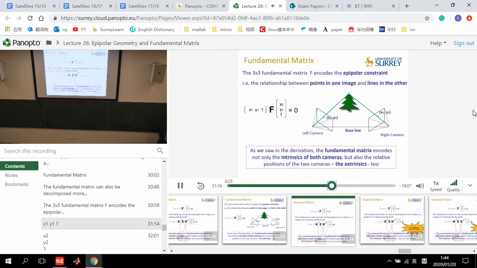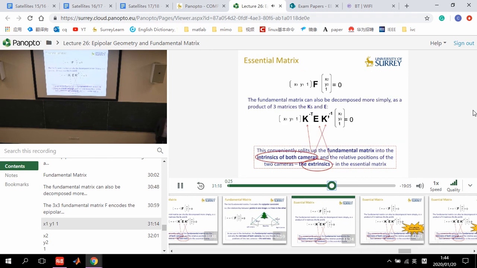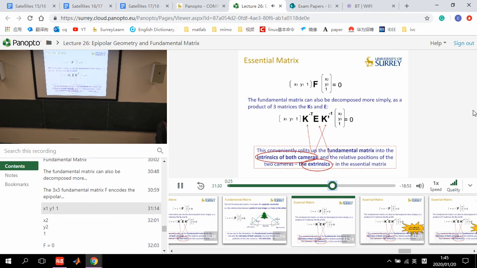So, for example, if I were to know the intrinsics of my two cameras, and I had the fundamental matrix, what I could do is factor out the K, the intrinsics for each camera, in order to produce this expression here, where we've got K inverse transposed, which is the inverse of K transposed, multiplied by this 3x3 matrix called E, which is what we call the essential matrix, which is then multiplied by the inverse of the K for the other camera, the intrinsics for the other camera.